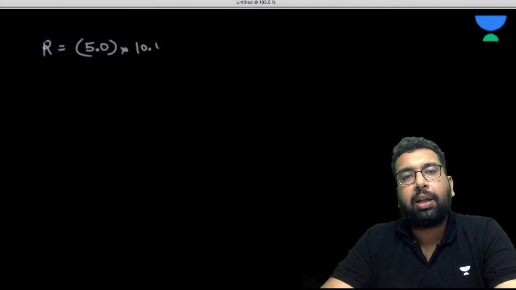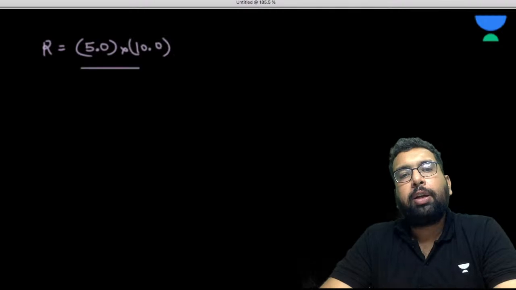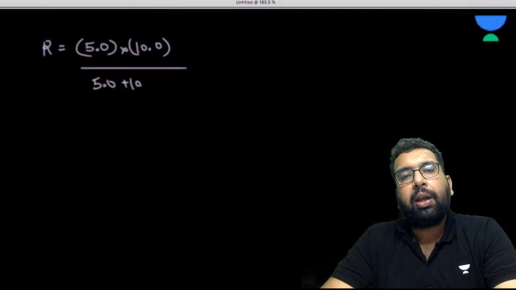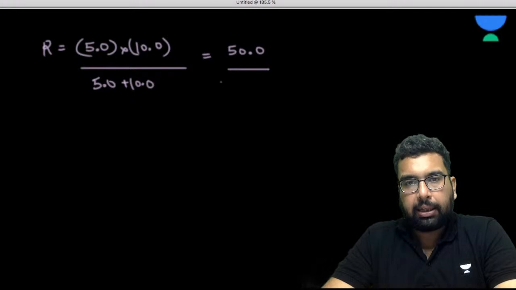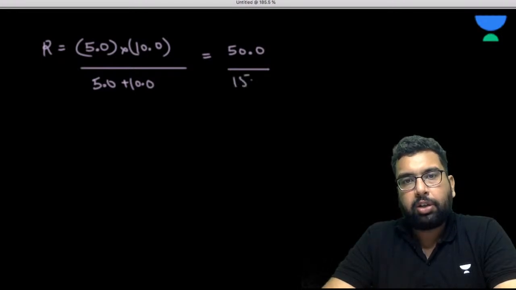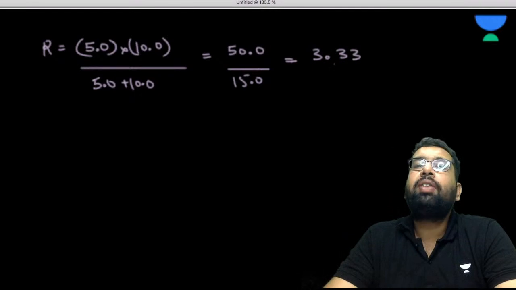There is nothing to be hurried about. So 10.0 upon 5.0 plus 10.0. Here the multiplication gives 50.0, and this becomes 15.0. When we solve it, in general we get 3.33.